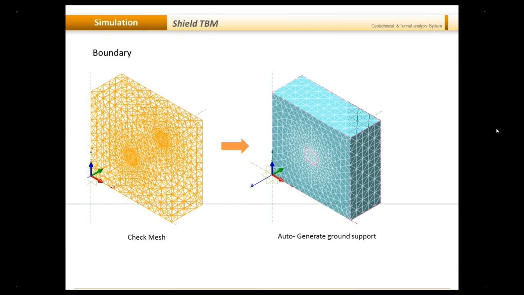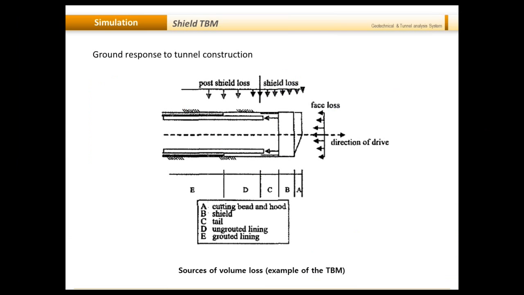Alright, once we have defined the boundary conditions, let's move to the next step, which is the ground response to the tunnel construction. Since the majority of the engineers have already attended the previous session, you will have seen this slide before, and like I promised last time, we will be sharing it in more detail in this session. Here you can see the major ground losses that occur when you are doing tunnel boring machine excavation.